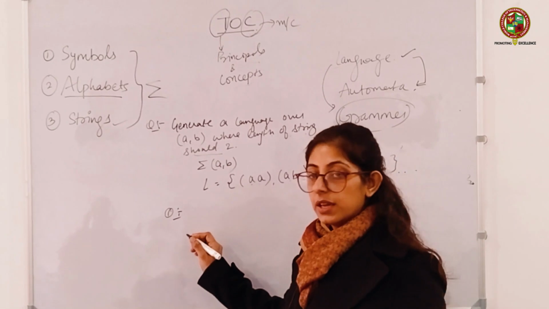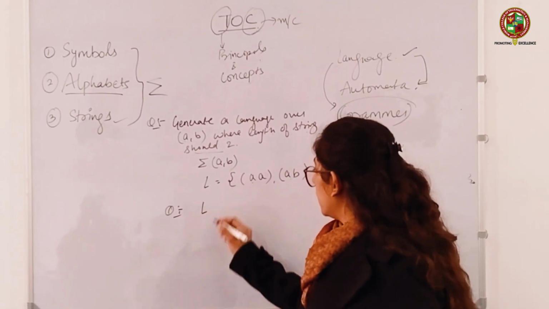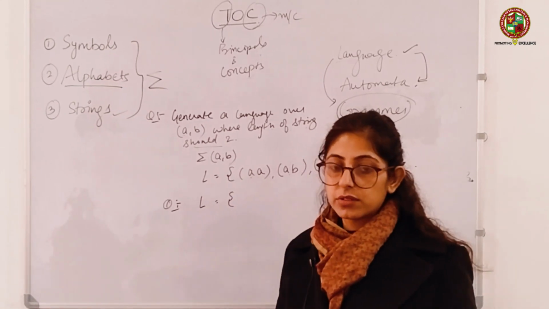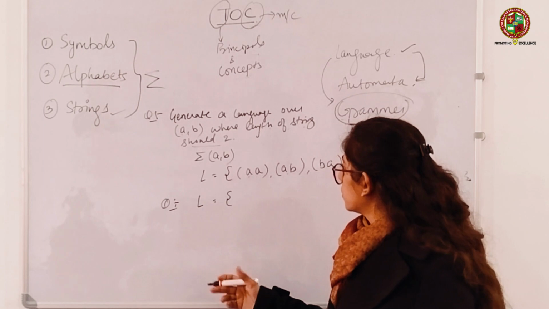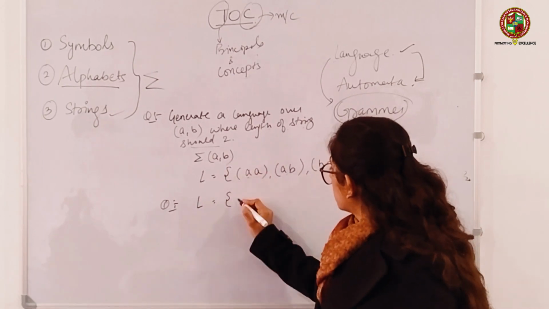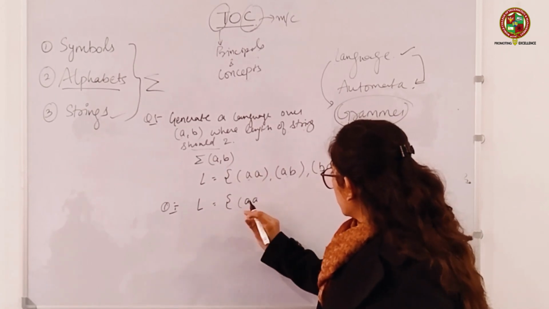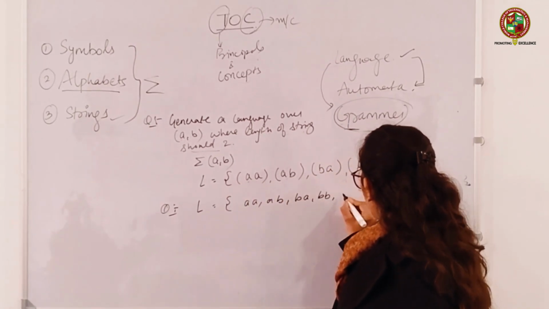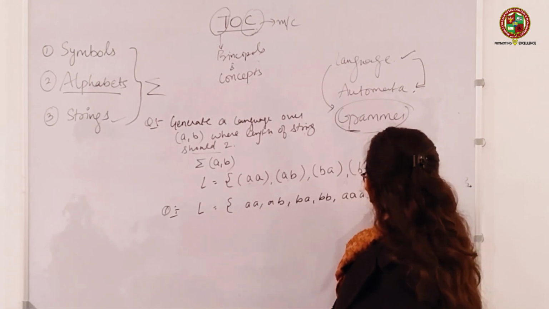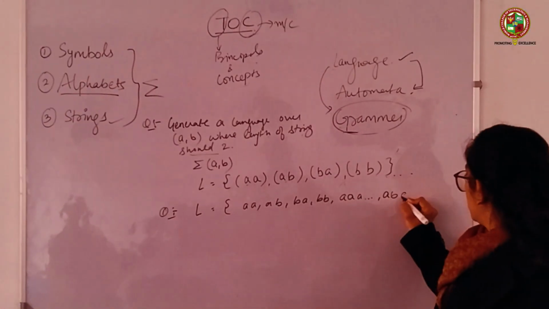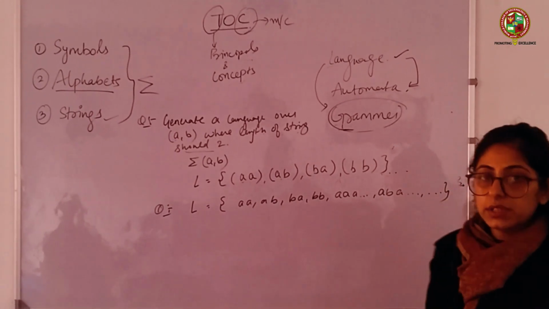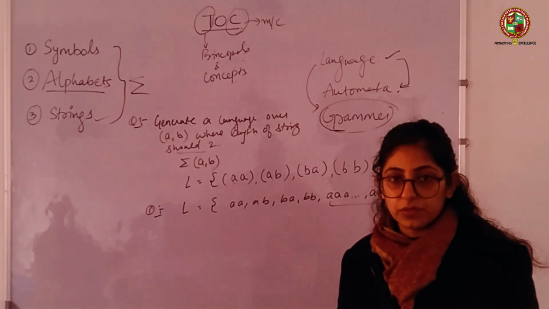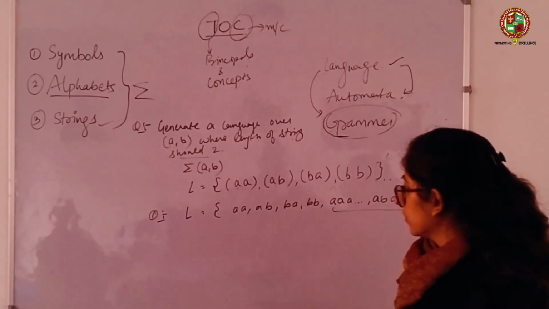Taking the above example only, if I have to generate a language L over A comma B where the length of the string is not limited, not given, what strings can we generate? AA, AB, BA, BB, and also AAA, ABA and so on. For these symbols we can say it's an infinite language. How is the machine going to accept an infinite language?